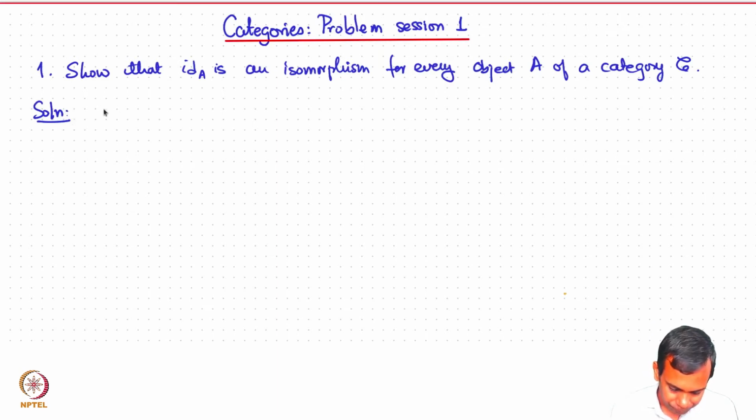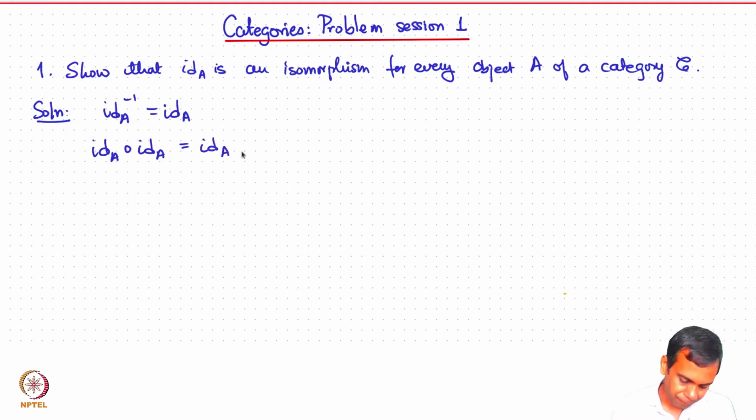So identity A inverse is equal to identity A, and in fact we see that this is the case because identity A circle identity A is equal to identity A. Both these come from the identity axiom.